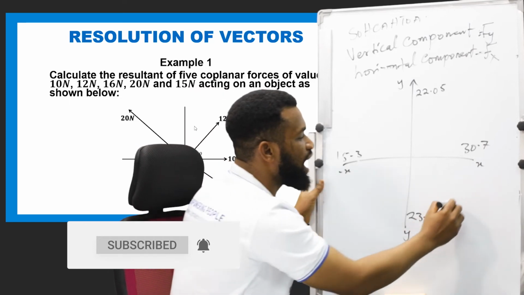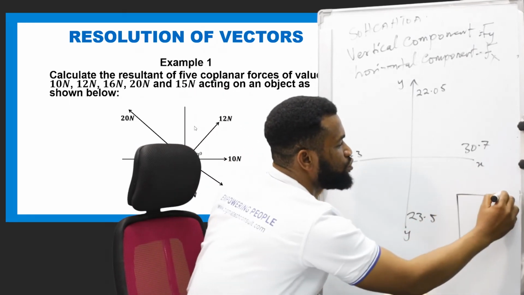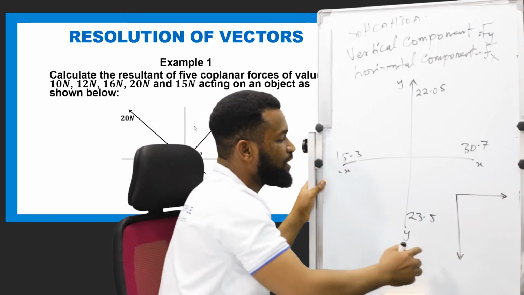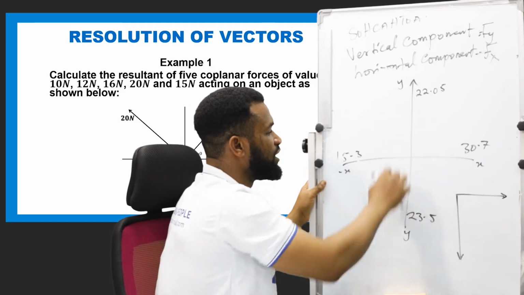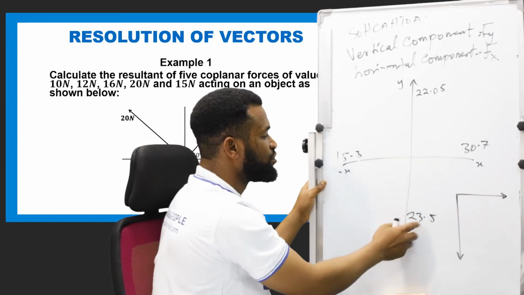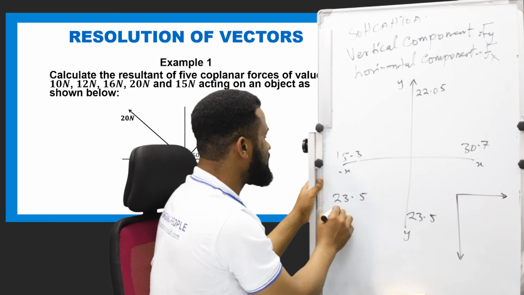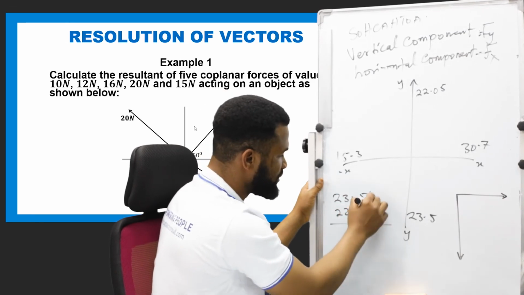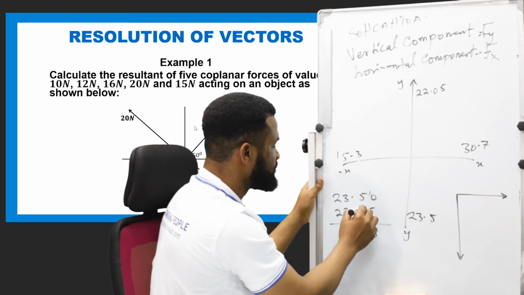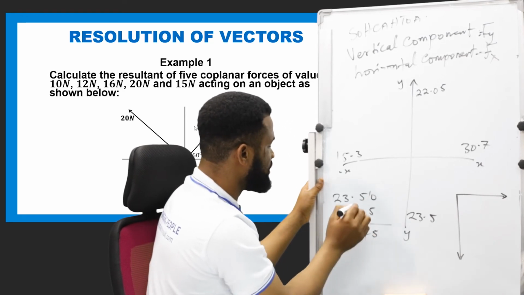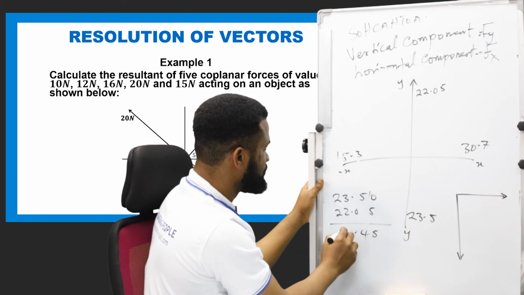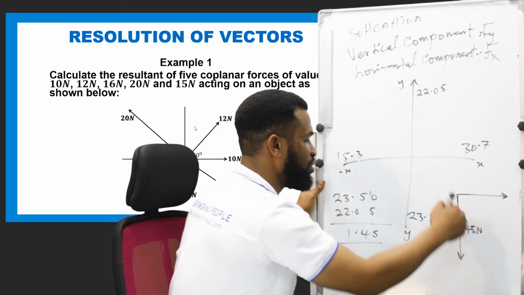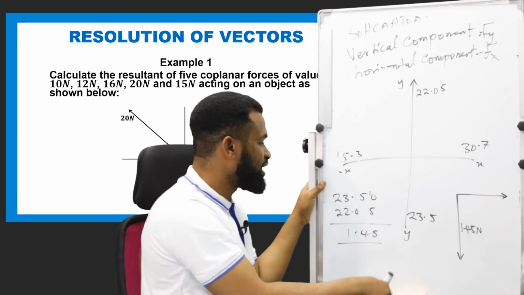In order to have two forces before we apply the parallelogram law of vectors, I have to take the net force between this and this. 23.5 minus 22.05 is going to be 1.45 Newton in this direction.